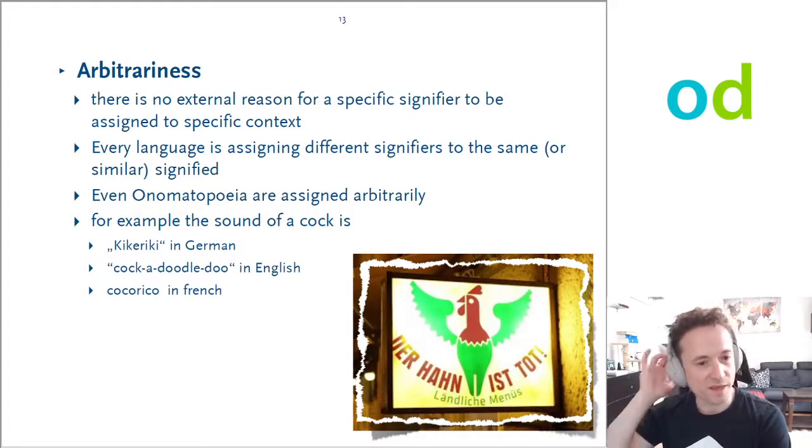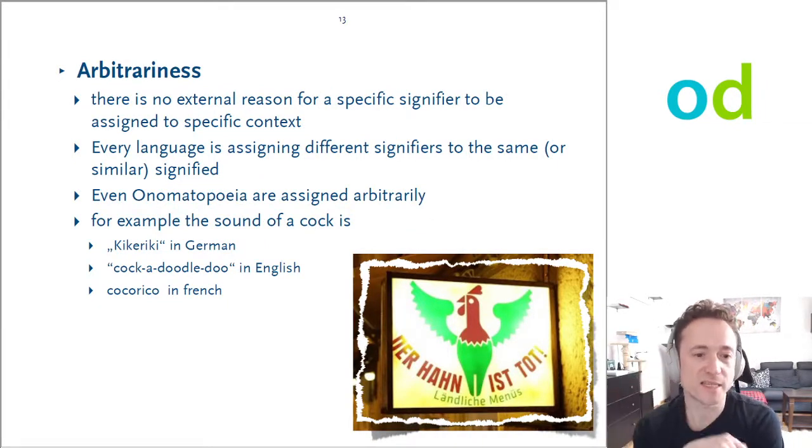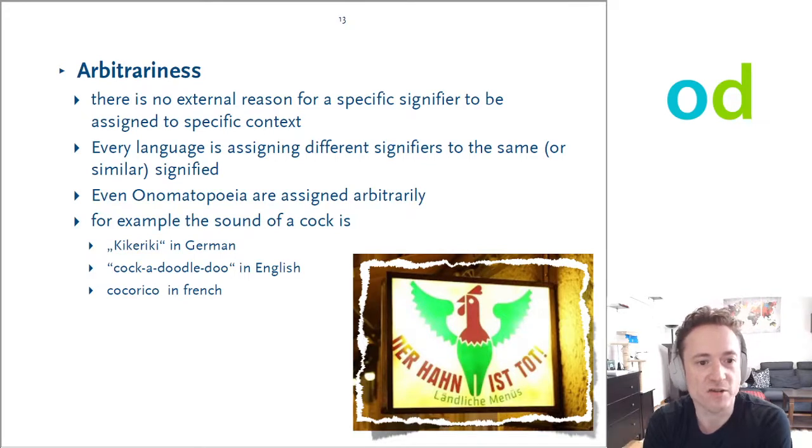There is another important thing about signs, and that is arbitrariness. Normally we do not have any external reason for a specific signifier to be assigned to a specific context.